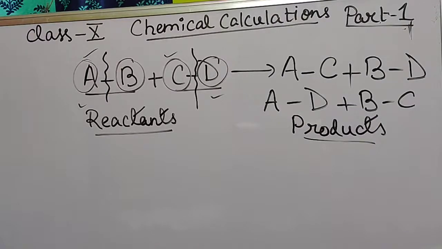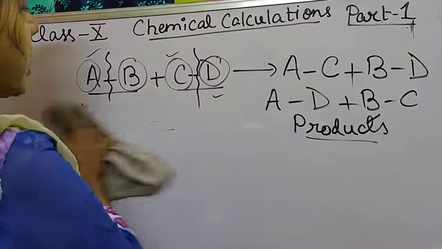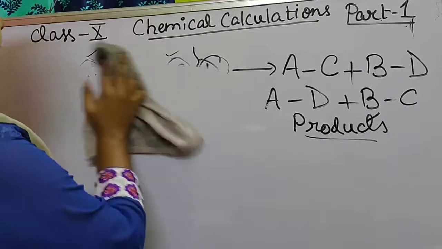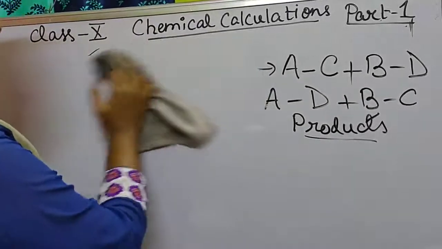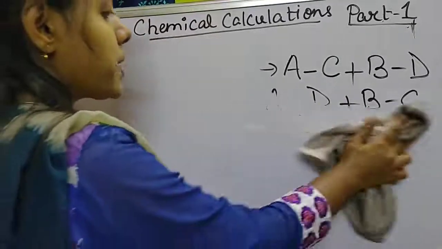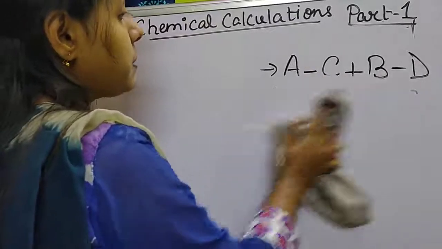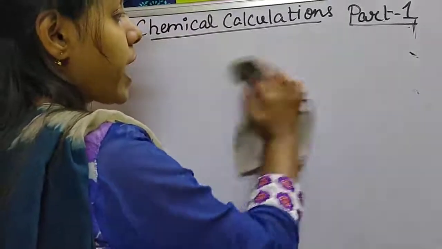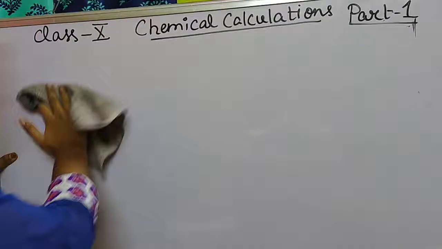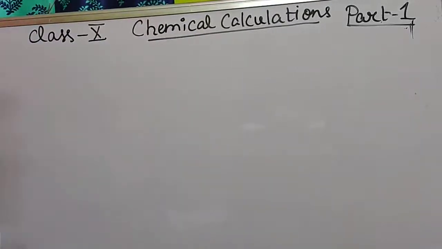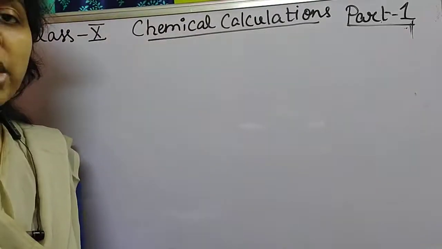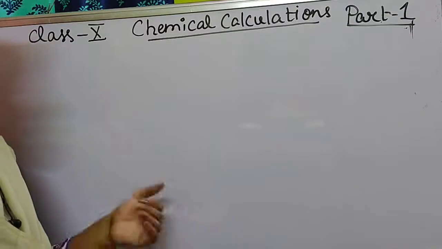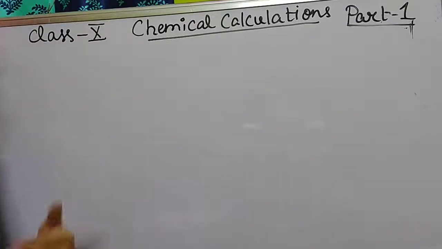So next, what is chemical equation? Whenever any reaction is represented by the symbols and formulas of all the substances which are involved in the reaction, then that representation by using proper symbols and formulas is called chemical equation.